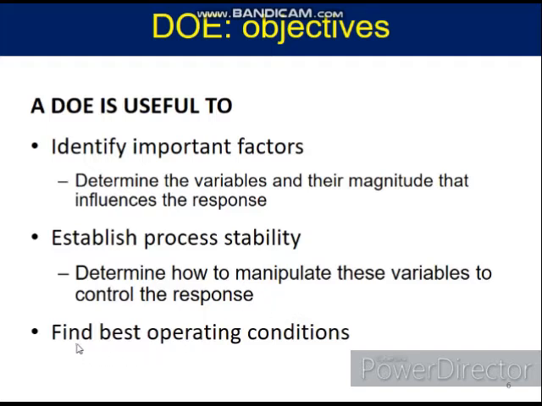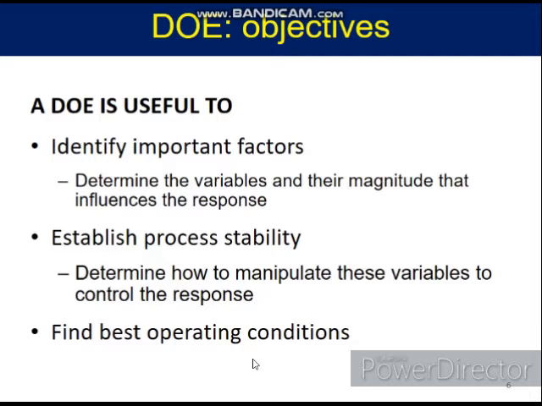Third is to find the best operating conditions. So this is optimization. Using DOE, especially if you use higher order DOE, for example full factorial or RSM, response surface methodology, it can tell you what the best operating conditions are to achieve a certain output response.